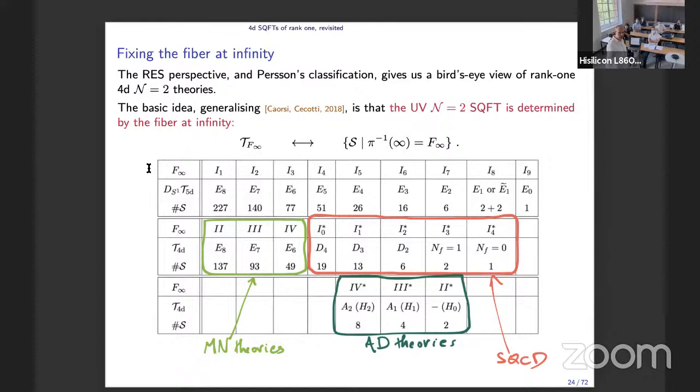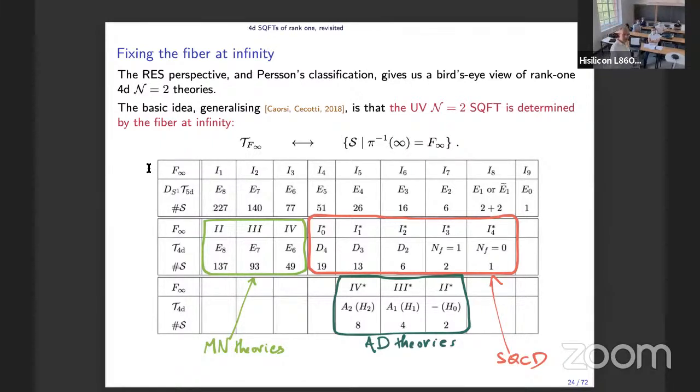So what is this? What is the setup here? In general, we not only want to look at a rational elliptic surface, but a rational elliptic surface with a prescribed fiber at infinity, what I would call U equal infinity. Mathematically, I don't care where the singularities are, but here I fix what the singularity at infinity is.